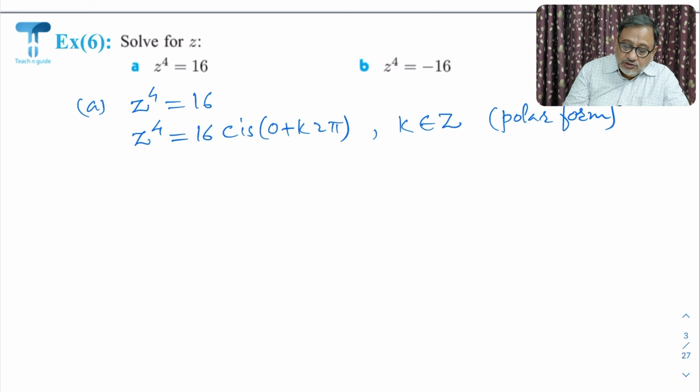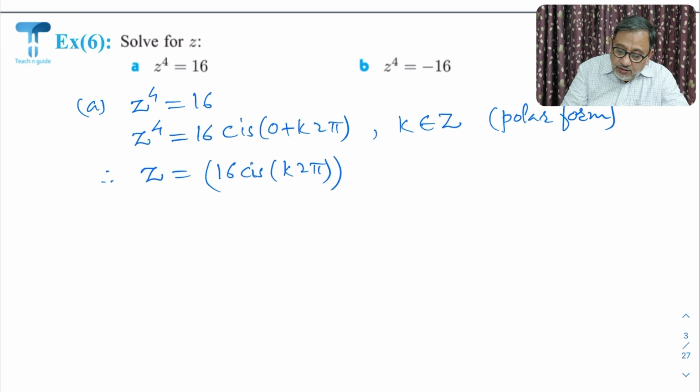Therefore z will be equal to 16 cis (k 2 pi), and here there is no need of the 0, so let me erase that 0, and all of it raised to 1 by 4.